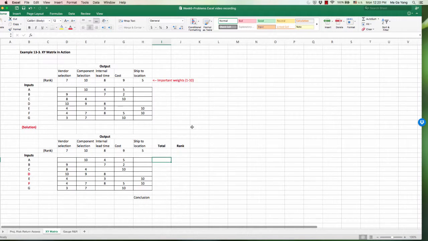So go to here, and your input A times your output vendor selection. But we want to fix this there by adding a dollar sign before and after the character.